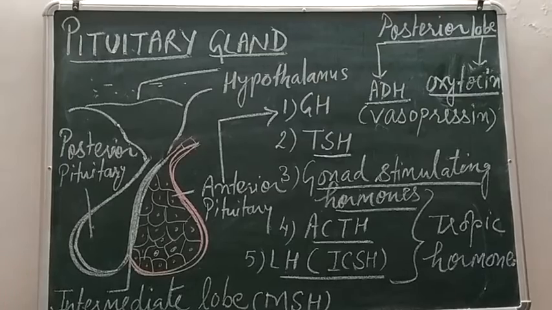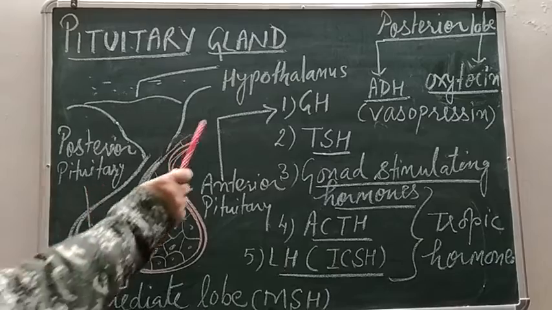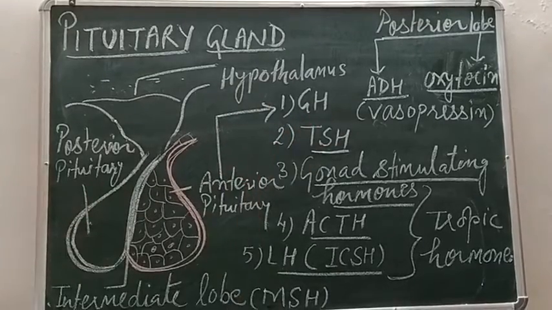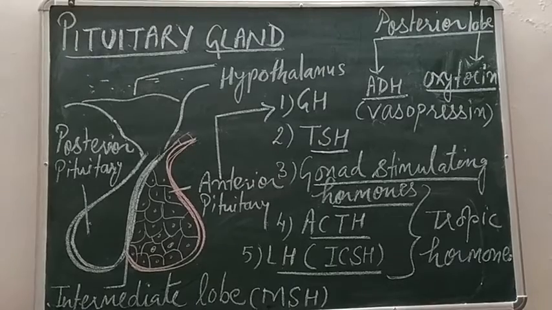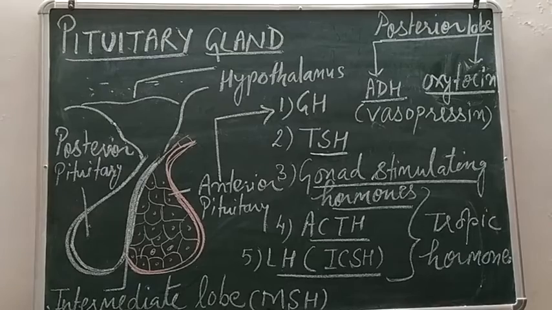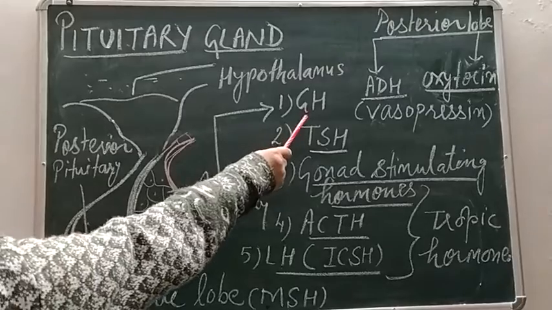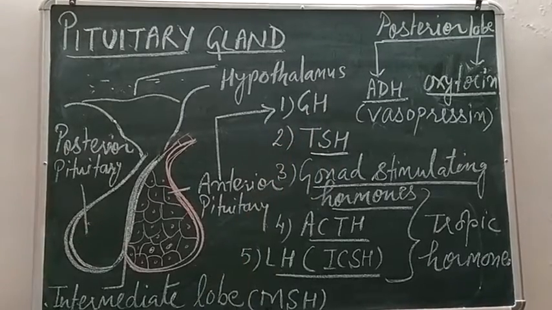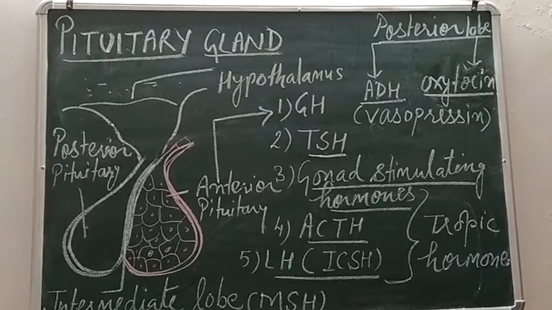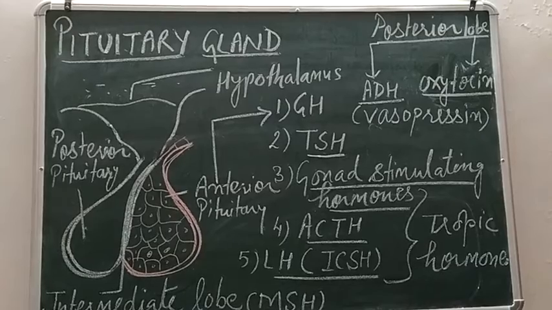In case of deficiency of this hormone in childhood, if growth hormone is secreted in less amount during childhood, a child will become a dwarf, and the condition is known as dwarfism. On the other hand, if there is over secretion of this growth hormone during childhood, then the condition is known as gigantism, and as a result a person will become too tall.